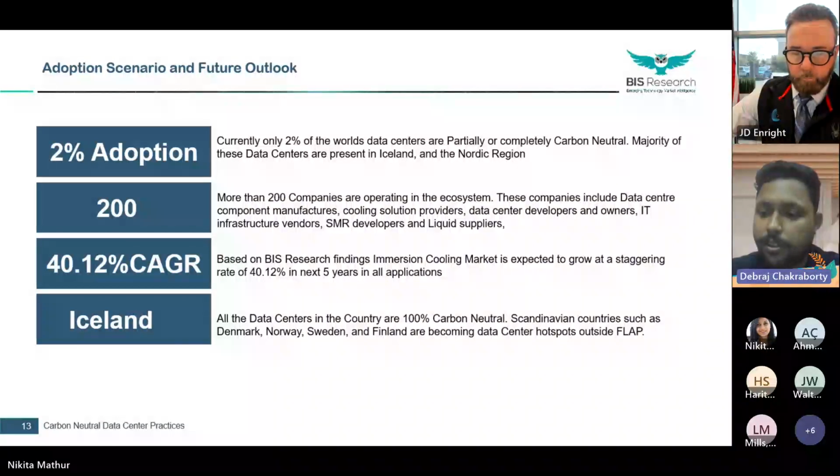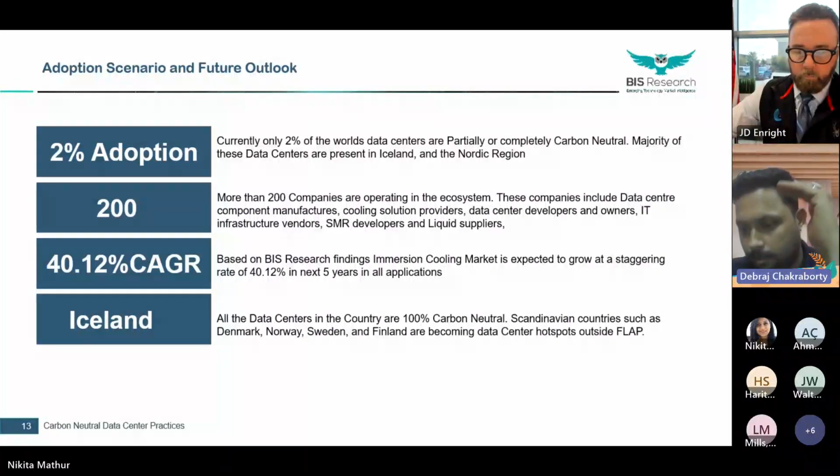There are component manufacturers also, such as Stobly, that are trying to develop new products that can go with the upcoming technologies and the liquid cooling pipes and all that stuff. And we have IT infrastructure vendors and huge multinational companies such as Siemens and Intel, all in line to achieve what is already being dictated, reducing the carbon emissions.